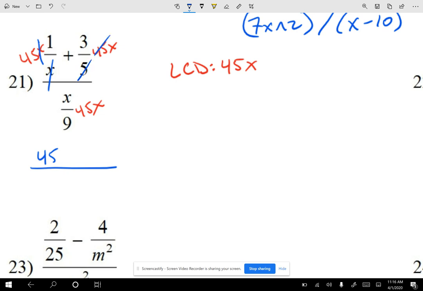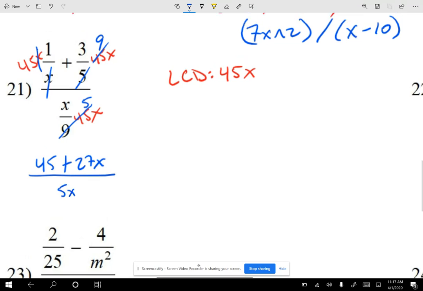Now here, 45 divided by 5 is 9. So I have 3 times 9x. That gives me plus 27x. At the bottom, 45 divided by 9 is 5. So I have x times 5 times x. So it's going to give me 5x squared.